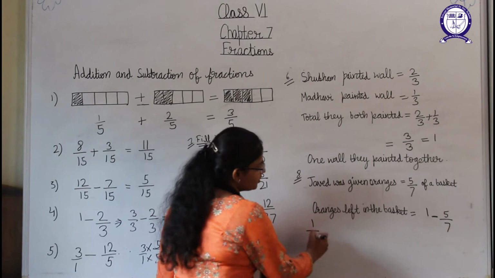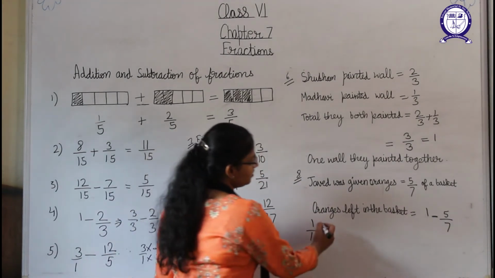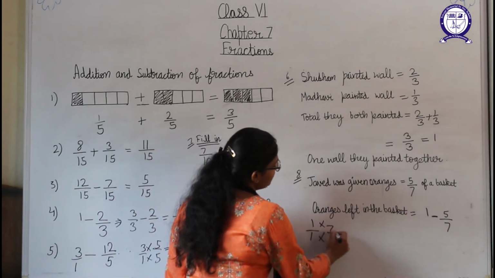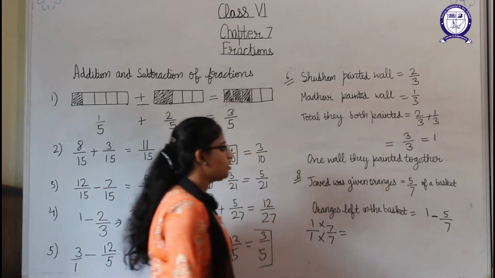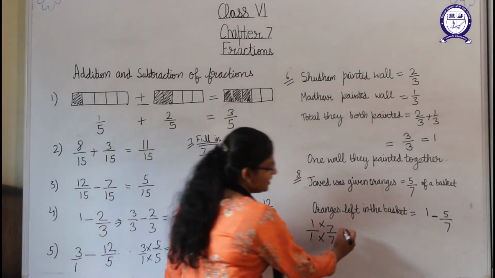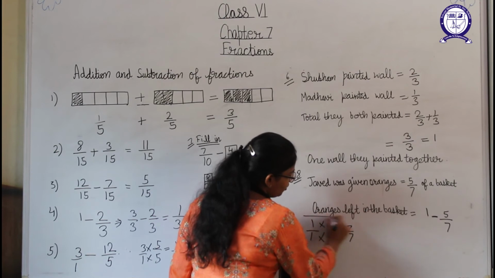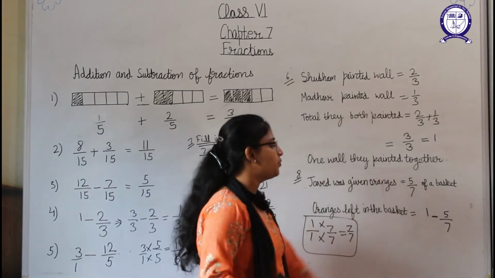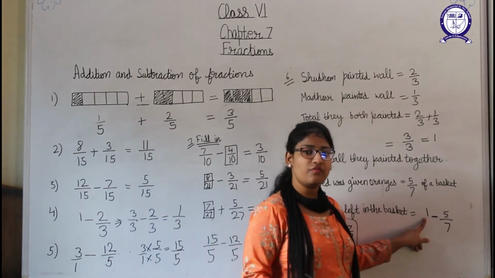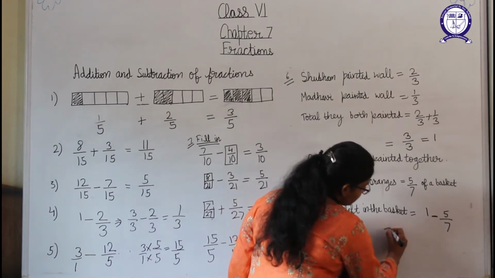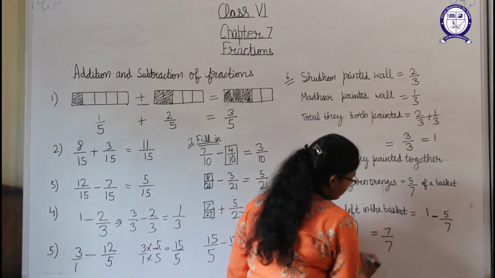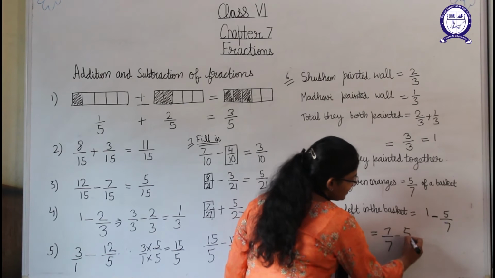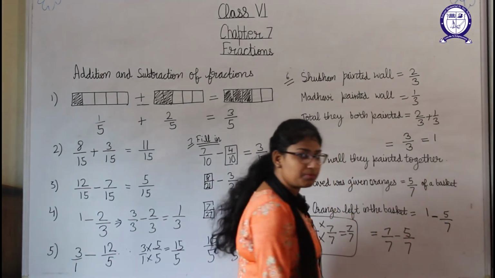So to make it a fraction, 1 by 1 will be there. Now we will multiply both numerator and denominator by 7, so we are getting 7 by 7 here. So we will put 7 by 7 in place of 1, and here 5 by 7 we have to subtract.